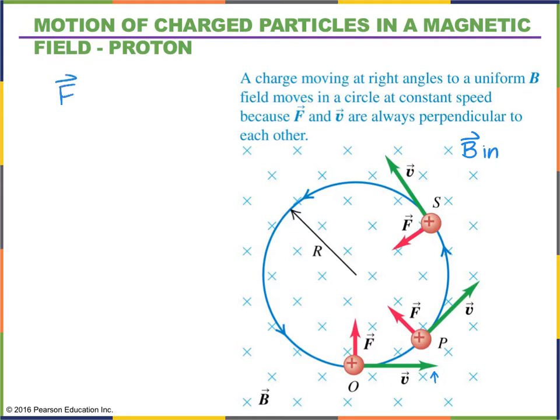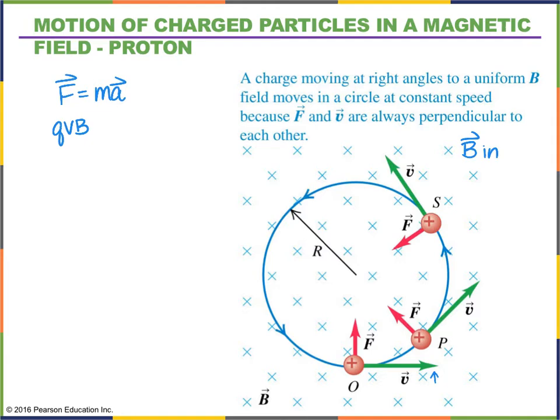And so the way that we can explain the behavior of this charged particle is we start with F equals ma, and because the velocity and the magnetic field are perpendicular to each other, the sine of 90 is just 1.